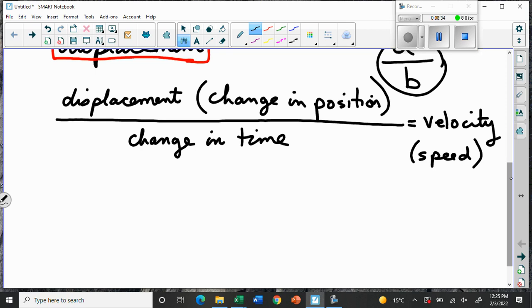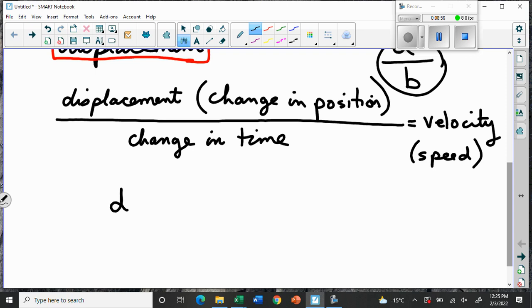Okay, so that's going to give us some kind of indication as to how fast we're going when we make this comparison. Now, we can write this with symbols rather than with a bunch of words. We can translate this even further into more mathematical language by using symbols. The change in position is usually the displacement, and so we can use a D to represent that.